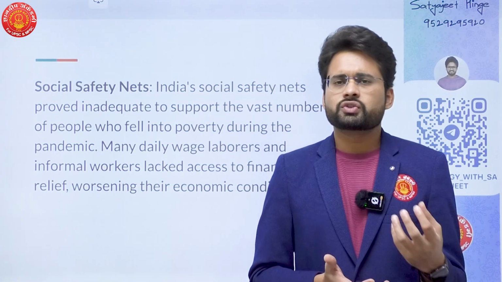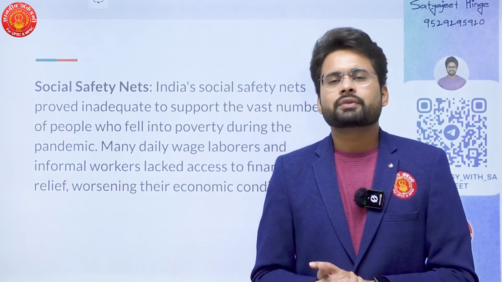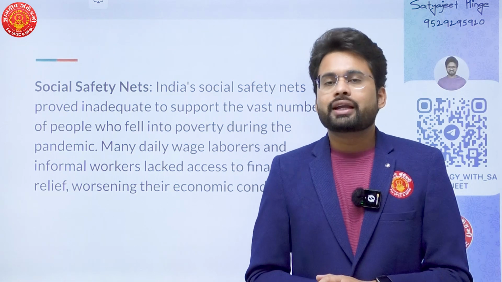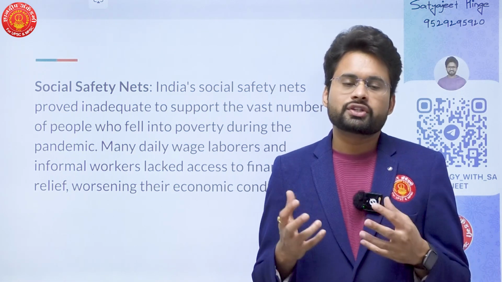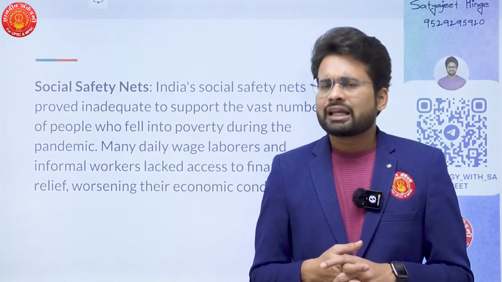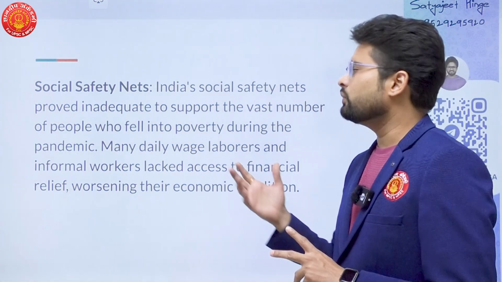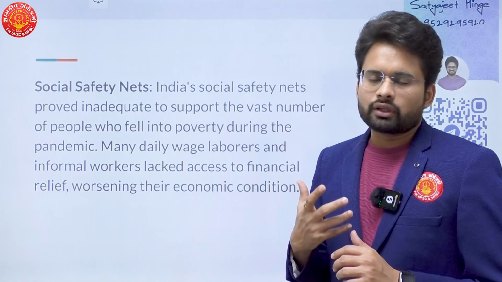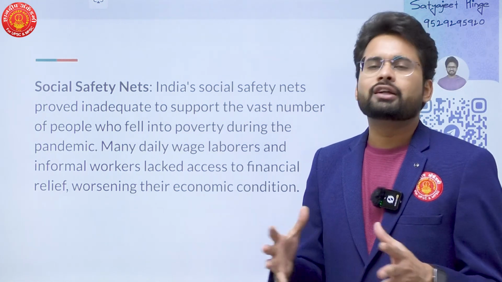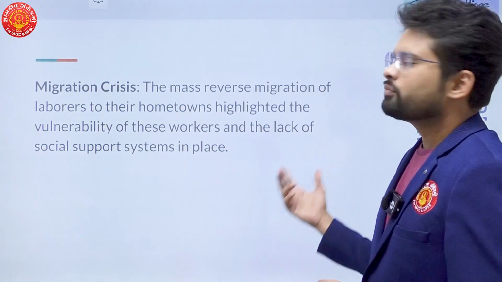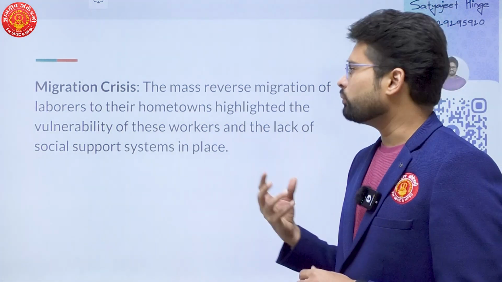And because of the lack of a social security net, families were again thrown into poverty because of medical bills or the death of the breadwinner in the family. That led to exacerbating the income inequalities that were already existing. So social security nets were in low quantity.